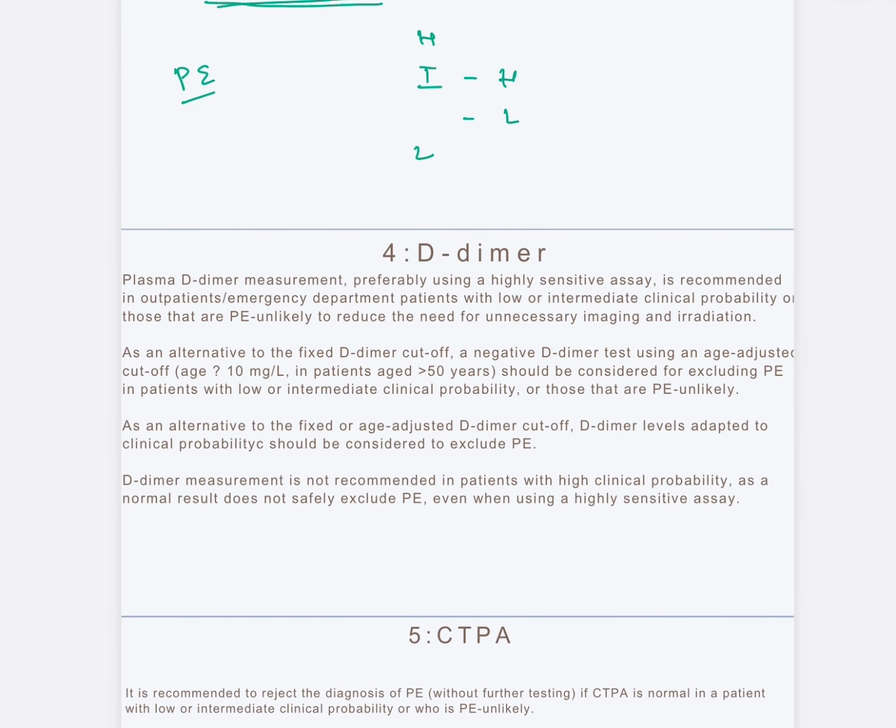In diagnostic evaluation, the next recommendation is about D-dimer. Plasma D-dimer measurement, preferably using a high-sensitivity assay, is recommended in outpatients or the emergency department, in patients with a low or intermediate clinical probability, or those who are PE-unlikely, to reduce the need for unnecessary imaging and irradiation.